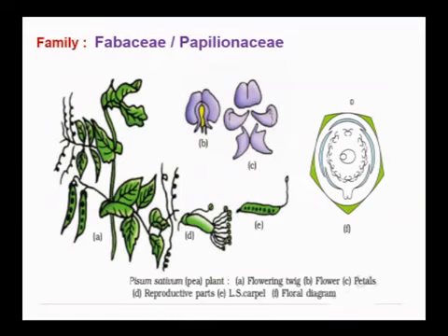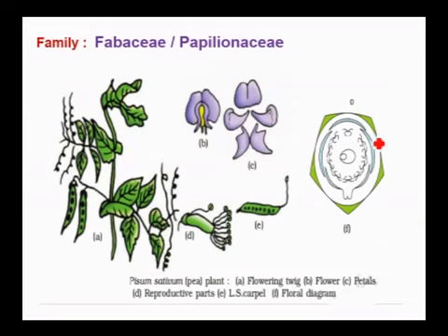Family Fabaceae or Papilionaceae, these are subfamilies of Leguminosae. These are herbs or shrubs, usually climbers. Leaves are modified into tendrils for support. The floral characters, if you see, the calyx is gamosepalous. The corolla is papilionaceous with vexillary estivation. If you look at the floral diagram, it is zygomorphic.